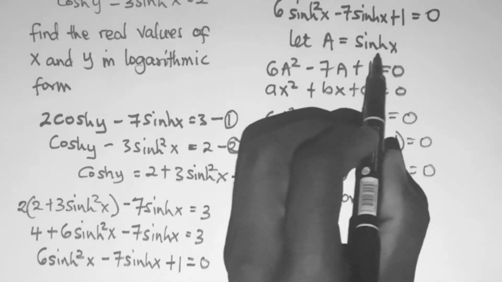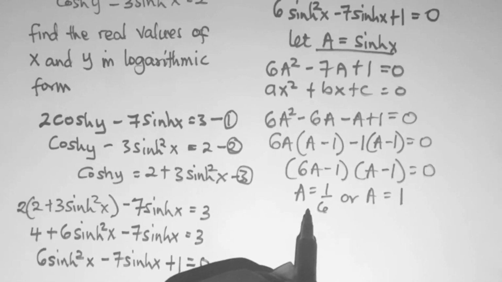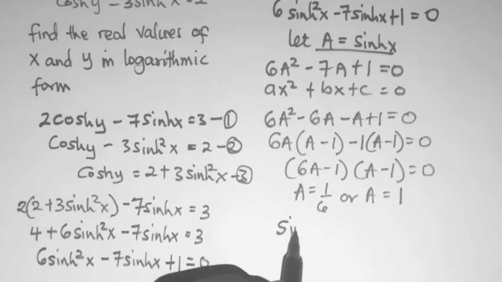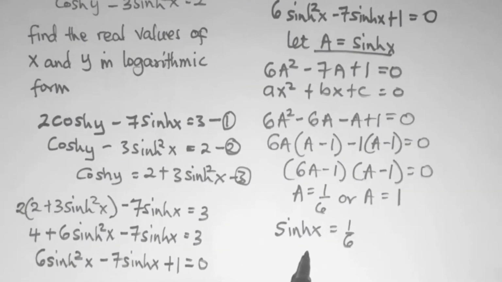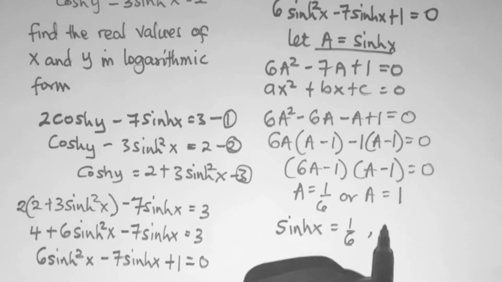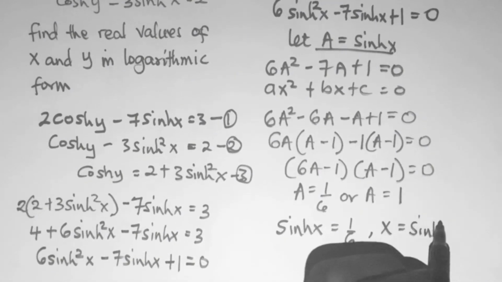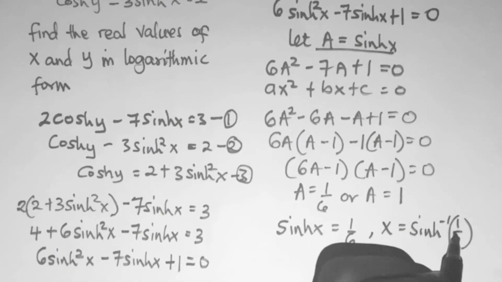However, we said that a is sinh x. So therefore we have sinh x is equal to 1 over 6. So x is equal to sinh inverse of 1 over 6.